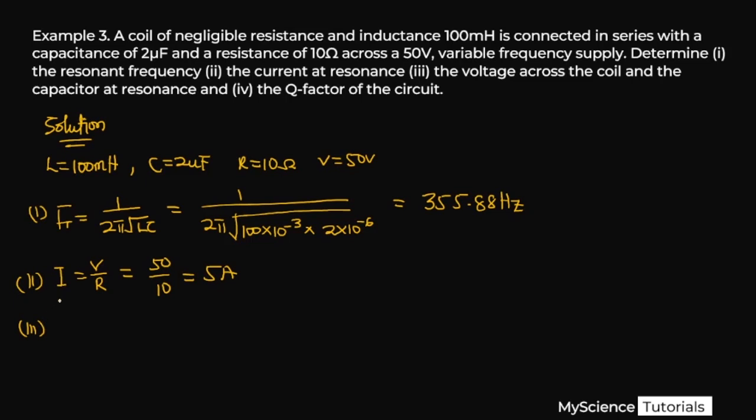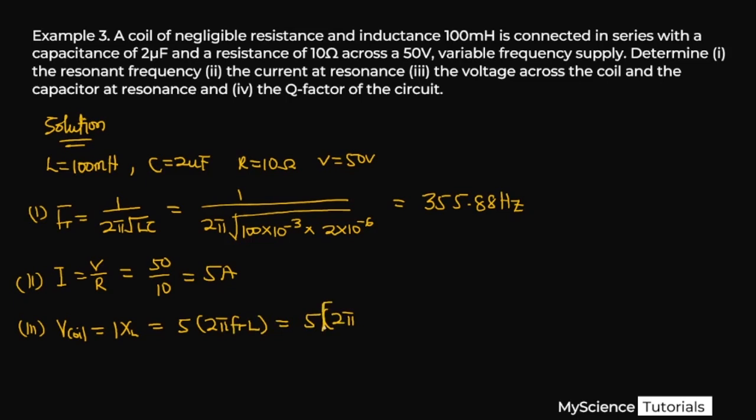Okay, so we're told that the coil has a negligible resistance and only inductance. So because it has negligible resistance and only inductance, it means our voltage across the coil, V coil, is equal to I XL, and that is equal to, the current is 5, and then we know that XL is 2 pi resonance frequency L, and that is equal to 5 multiplied by 2 pi.